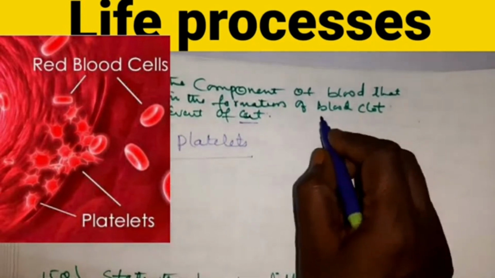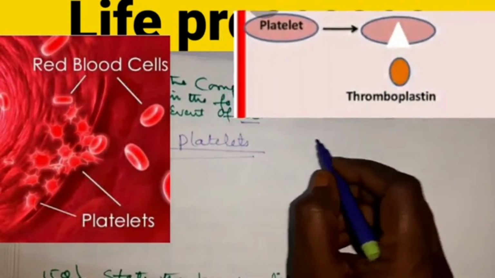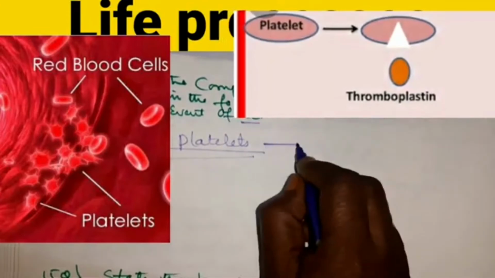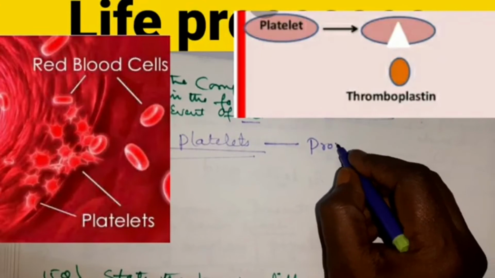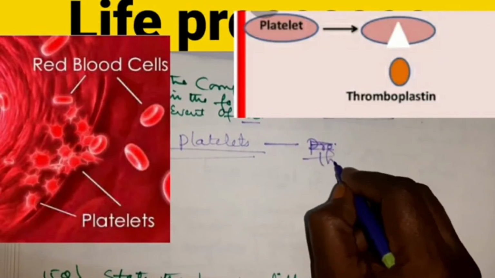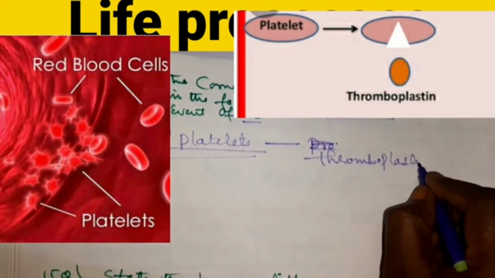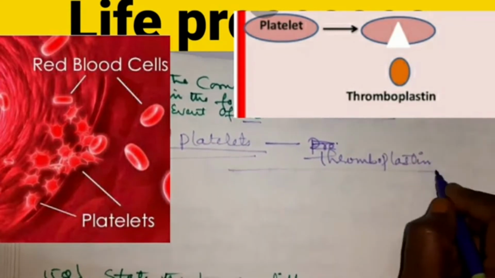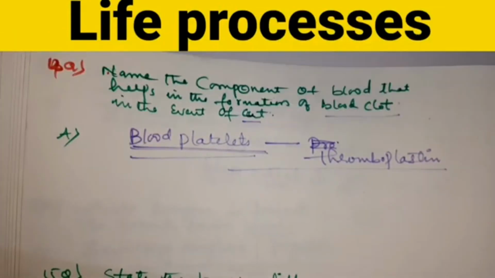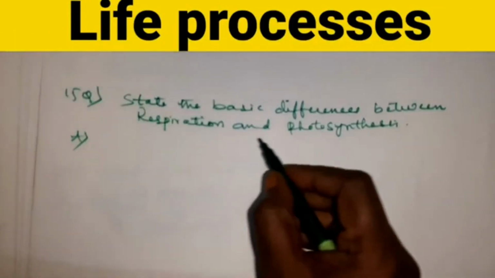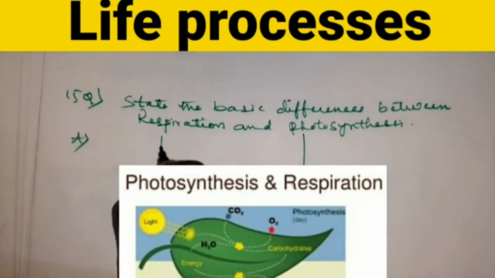These platelets contain an enzyme called thromboplastin, which helps to clot the blood. It contains a protein called prothrombin, which helps in clotting the blood. So platelets contain thromboplastin.